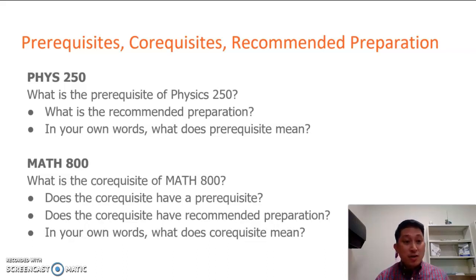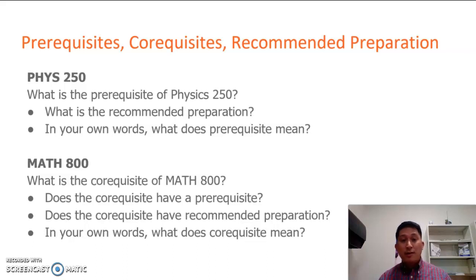So to answer the question, does the co-requisite of Math 800 have recommended prep, or does it have a prerequisite? Well, yes, it does. It requires the placement based on your previous grades or ability or multiple measures, or you can have taken a Math 120 or Math 123. So just think about how you would put these prerequisites and co-requisites in your own words.